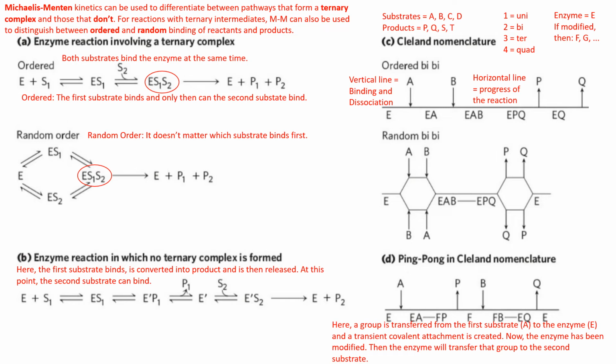So this is one reaction pathway on top, and then this is another reaction pathway on the bottom. So there's two possible ways. You can have substrate 1 and then substrate 2, or you can have substrate 2 and then substrate 1. Either way, you'll end up with the enzyme and both substrates, that complex.